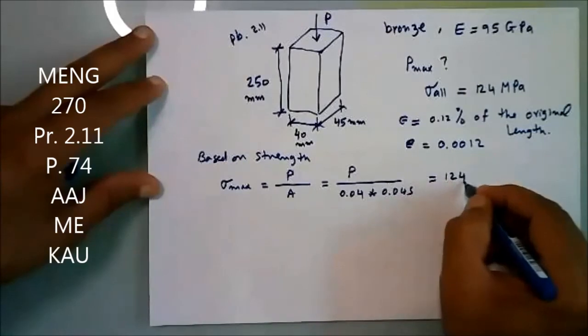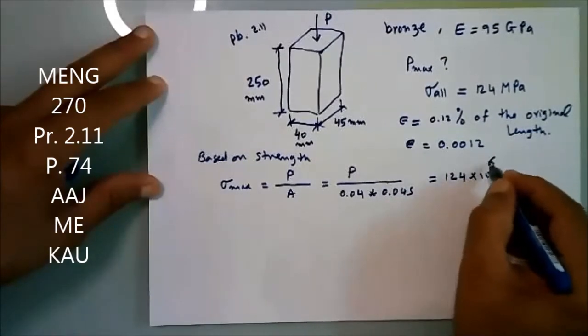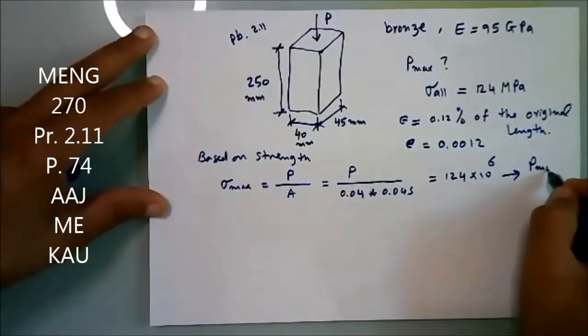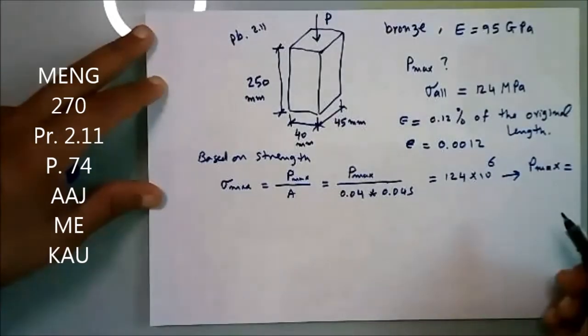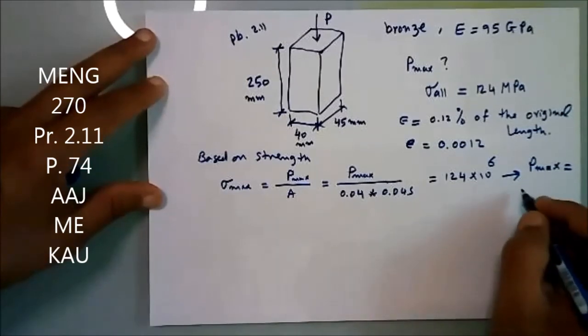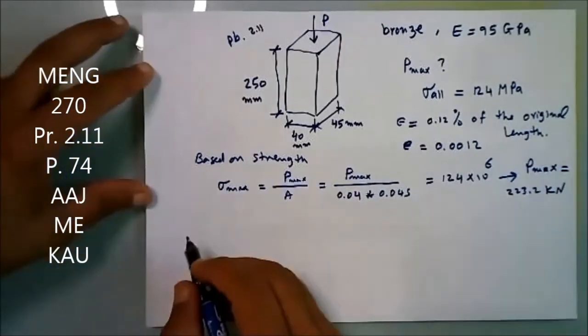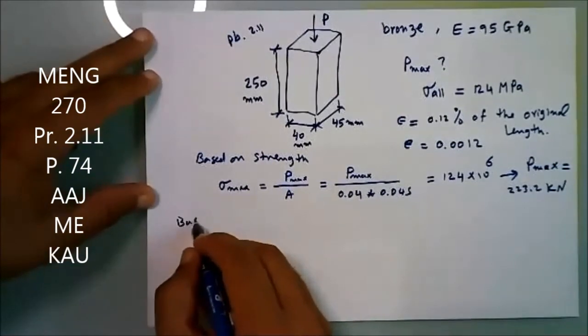The allowable strength. Okay. Thus P maximum is 223.2 times 10 to the power 3 Newton, so 223.2 kilo Newton.